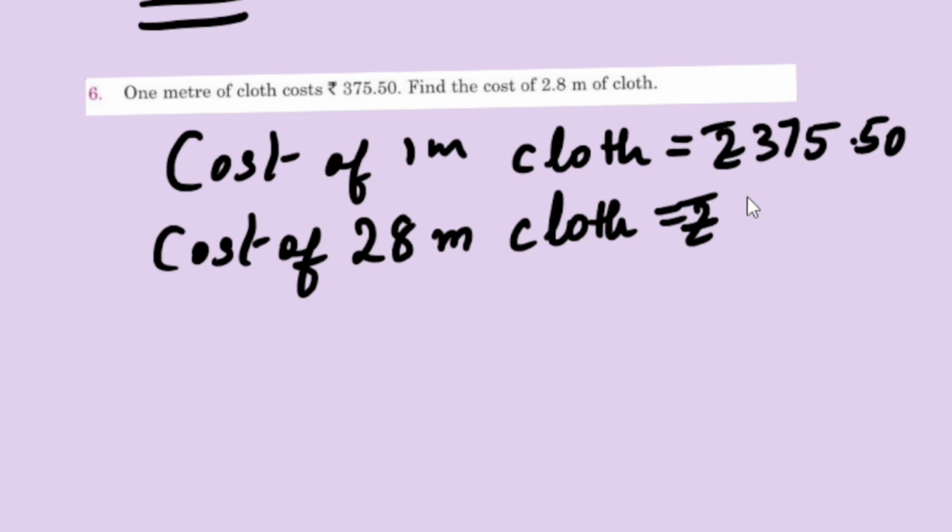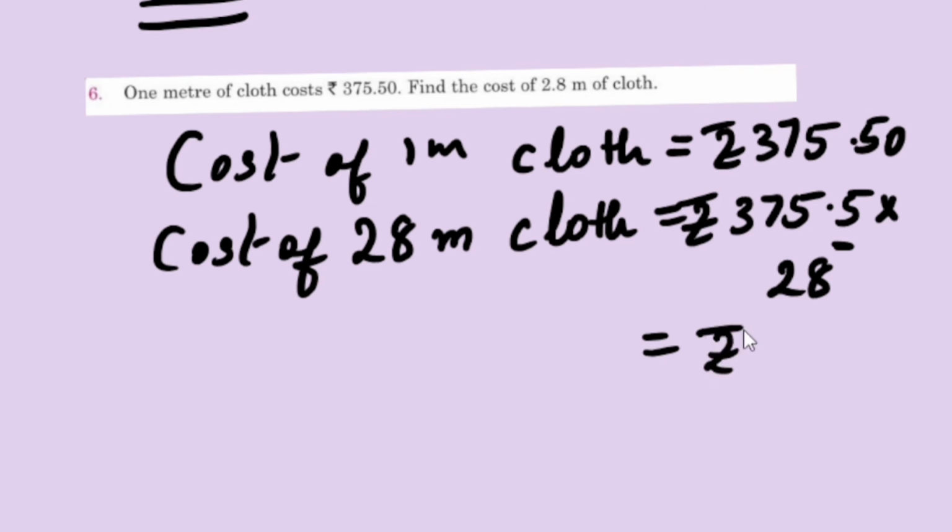So rupees 375.5 multiplied by 2.8. So that's equal to, find the product. How to find out the product? Without a decimal point you have to multiply, and in the product you have to keep one decimal place, because here one decimal place is there. So after multiplication you will get the result as rupees 1051.4.